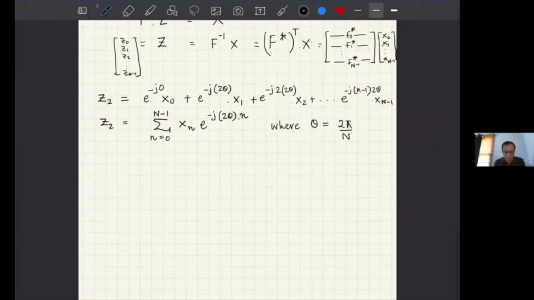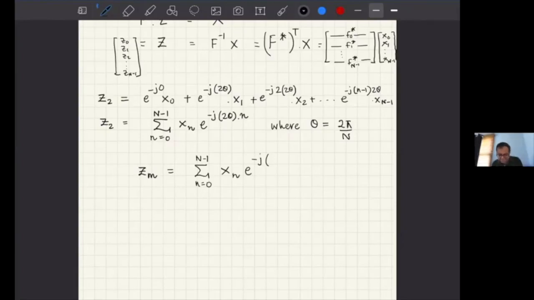So now if we want to write generally what is Zm, where m corresponds to the mth frequency, then we can write that as sigma n equals 0 to n minus 1 xn times e to the power minus j.